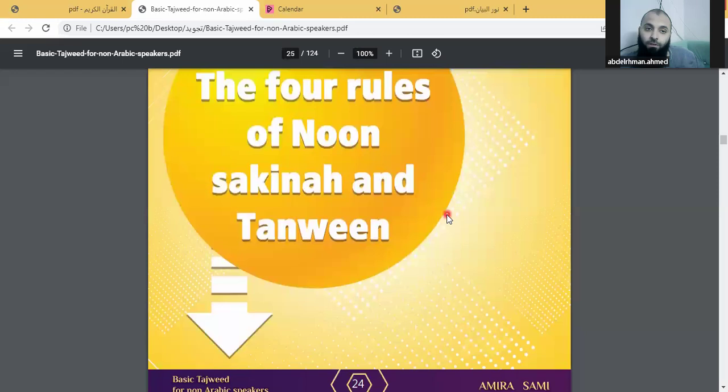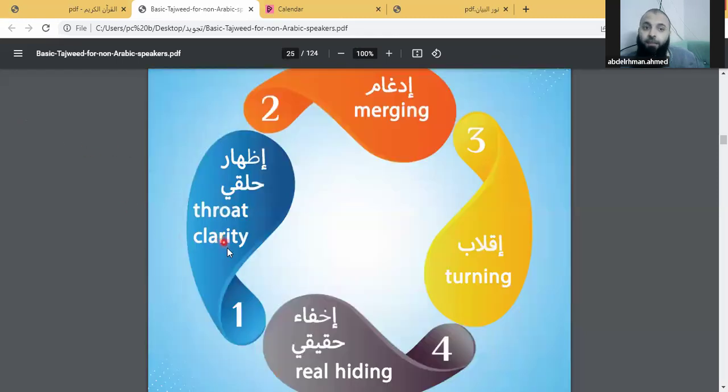They are four rules. What are the four rules of noon sakina and tanween? The first rule is called clarity, or idhar. Throat clarity, because the letters of this rule come from the throat. The six letters of this rule come from the throat. The articulation point of these letters is the throat.